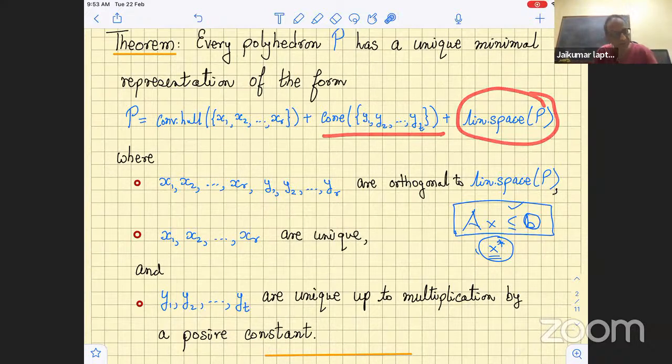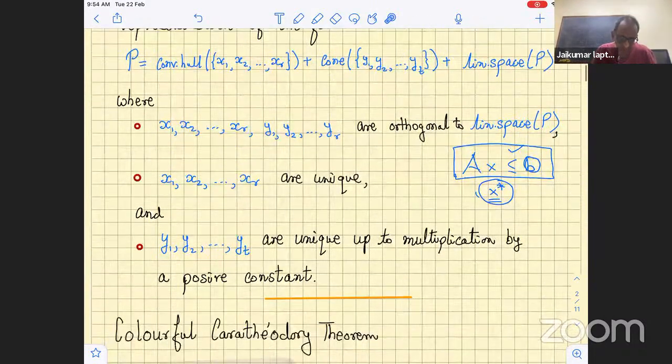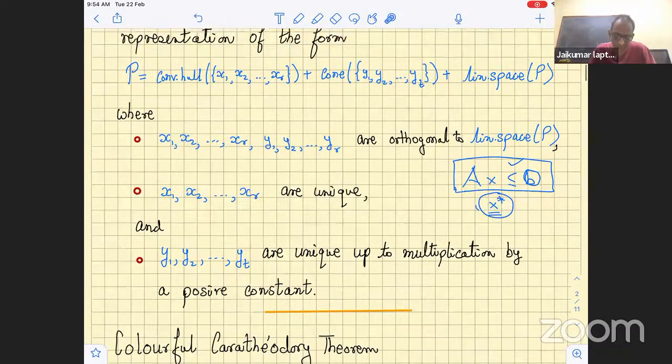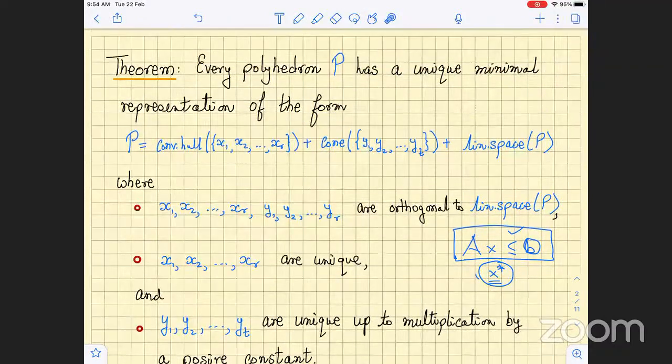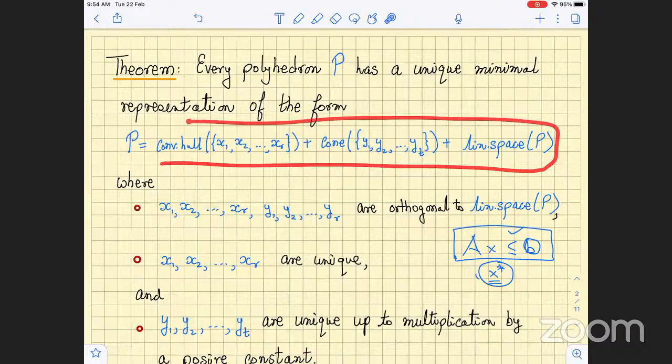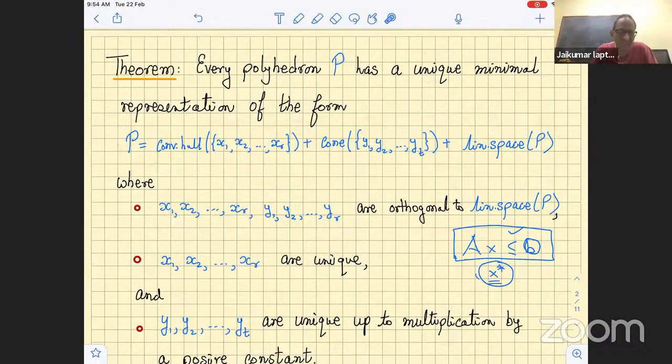When it is extended to infinity only in one direction, that comes from the cone. Is that okay? So as I was saying, this theorem requires a little more work than just the fundamental theorem of linear inequalities.